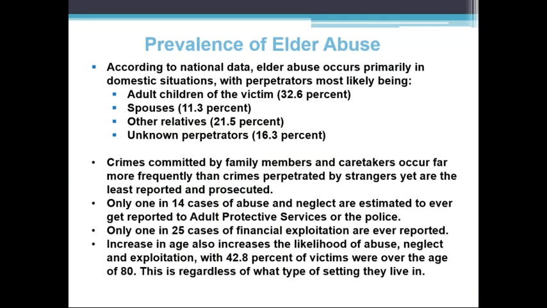However, those crimes committed by family members and caretakers are actually the least reported and prosecuted. Only 1 in 14 cases are ever even reported, and only 1 in 25 cases of financial exploitation are ever reported. And I'll give you a better definition of what something like financial exploitation could mean.